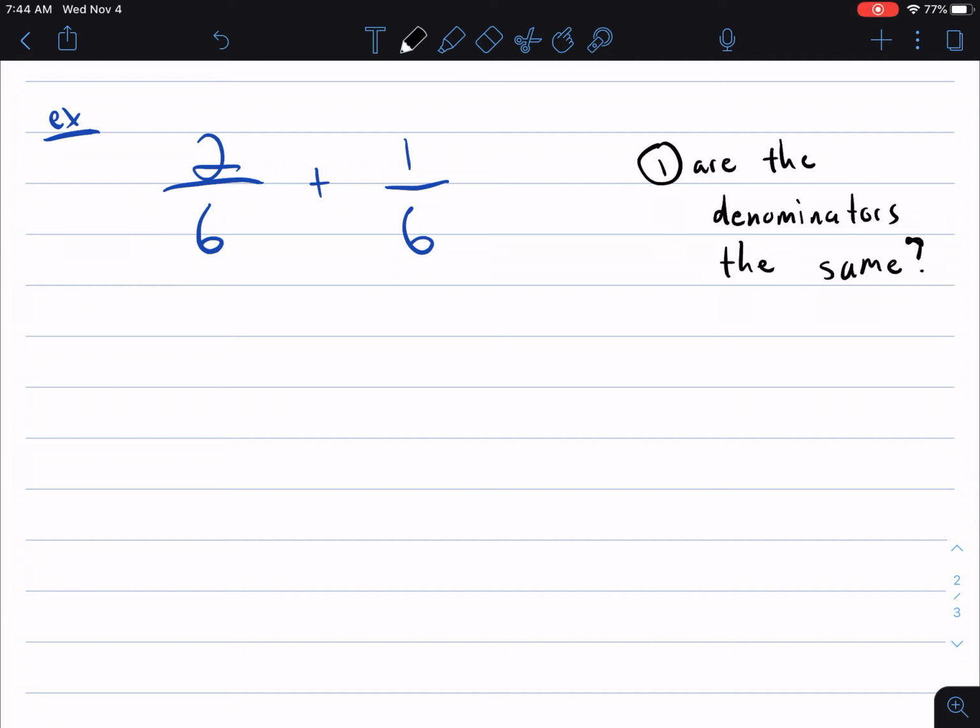Ask this question, pregúntase esa pregunta. Los de abajo son iguales. So my numbers 6 and 6, is that the same? Yes.